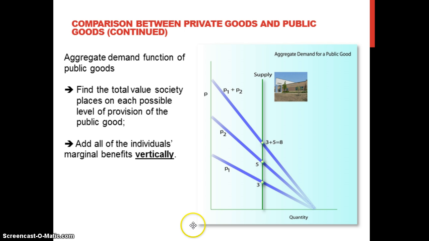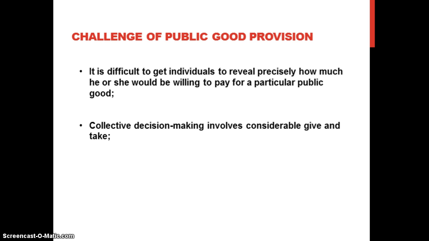In sum, in a market of private goods, total demand in a society is the horizontal sum of individuals' demand. However, in public goods, the specific level of public good provision is determined by the vertical sum of individuals' marginal benefits, or maybe total values in a society. So, a critical issue now is public good provision.